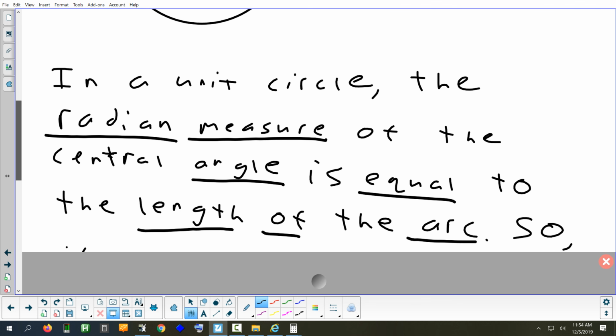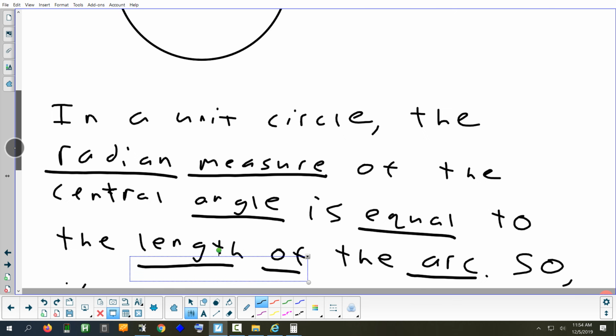So what that means is if you can tell me the length of the arc that goes all the way around the circle, that's exactly how many radians it takes to go all the way around the circle. Because the measure of the angle in radians is equal to the length of the arc.